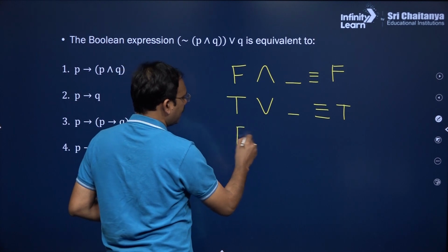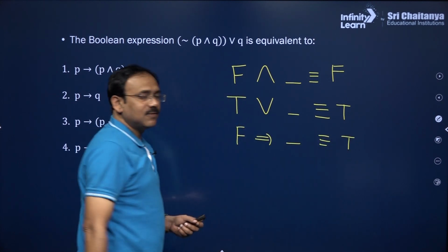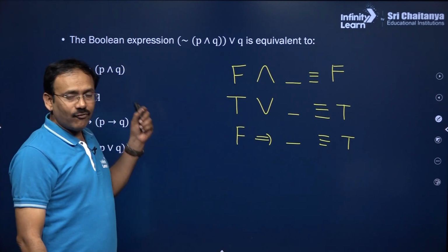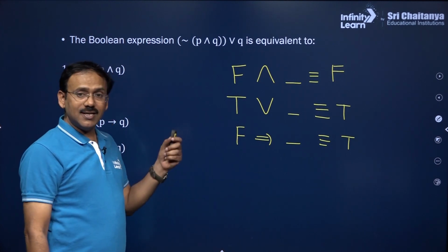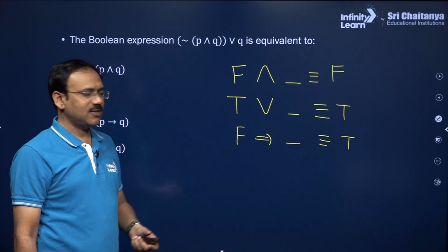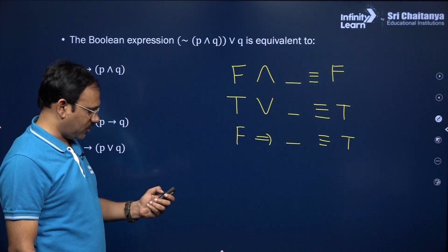And false implies any statement is true, my dear friends. These three things sometimes save our working time. Okay, false and any statement is false, true or any statement is true, false implies any statement is true. So these things I have used in answering this question, right?